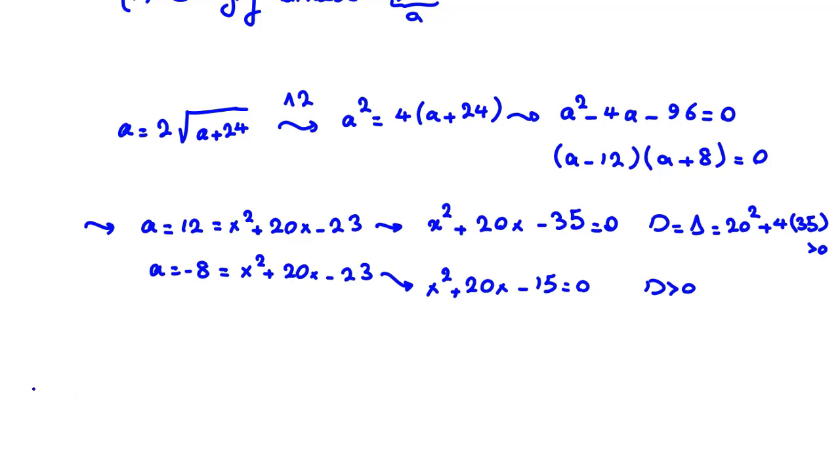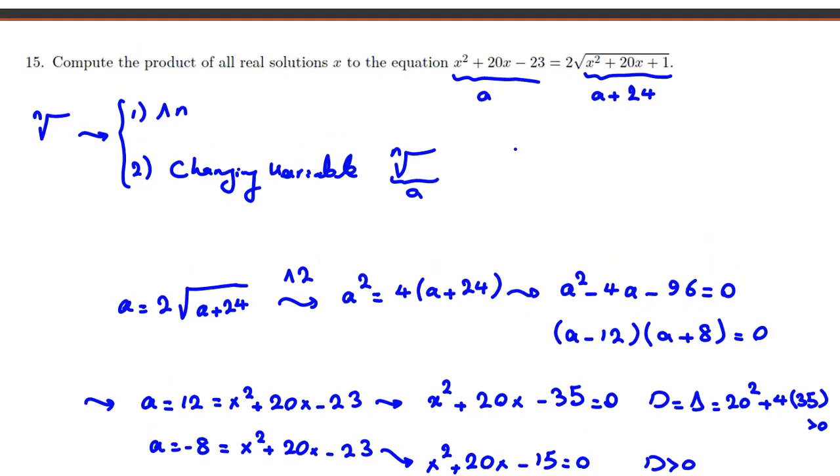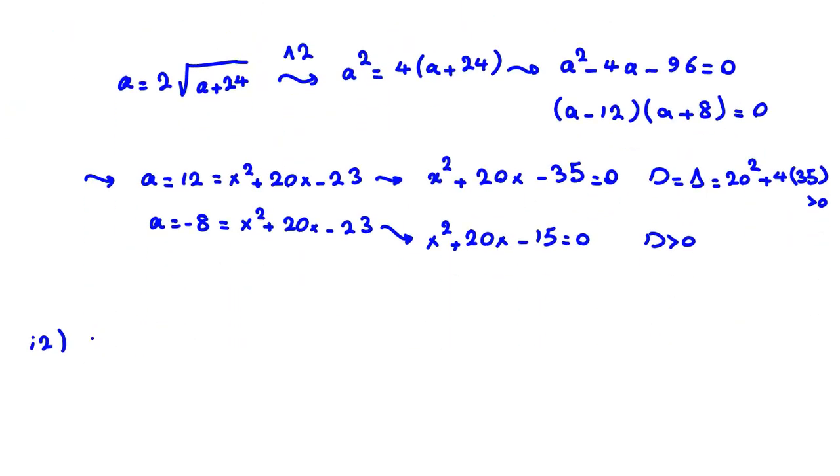Let me tell you something. It was idea 1 here; idea 2 is Vieta's formula. When we have ax squared plus bx plus c, the product of roots r1 r2 equals c over a, and the sum of the roots equals negative b over a.